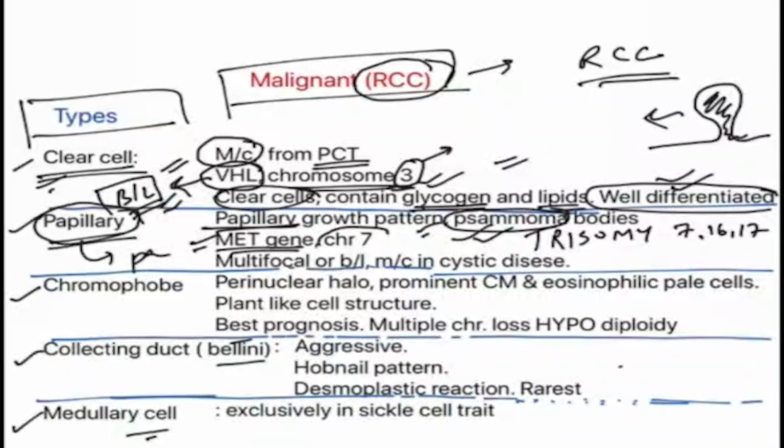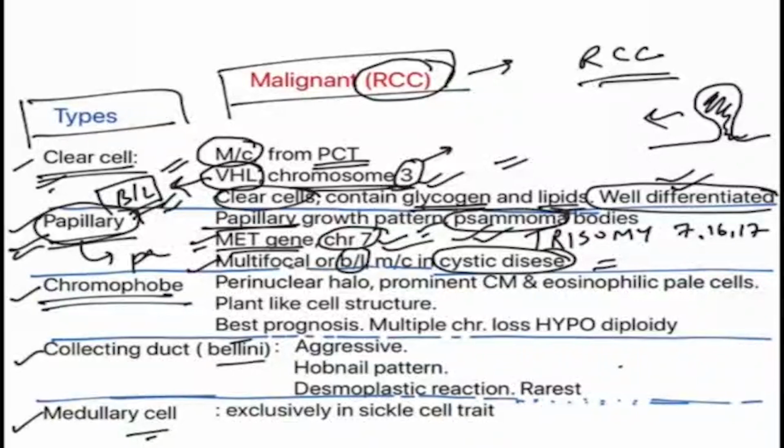The papillary tumors are due to MET gene defect, which is present on chromosome number 7. These papillary tumors are also multifocal, bilateral, and common in cystic diseases of kidney, about which we will read after some time.